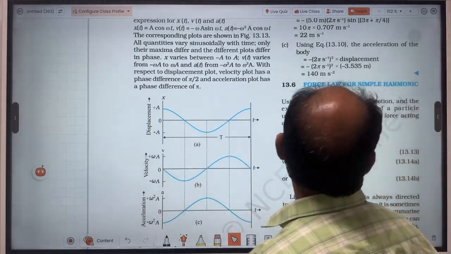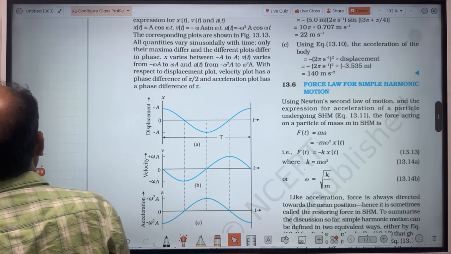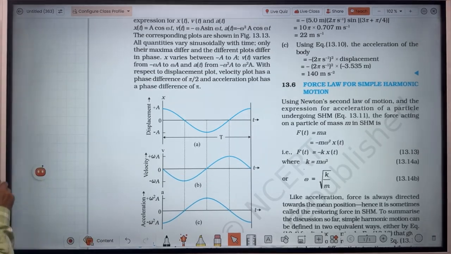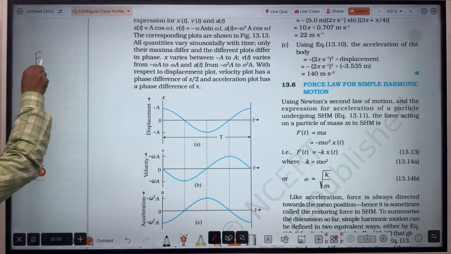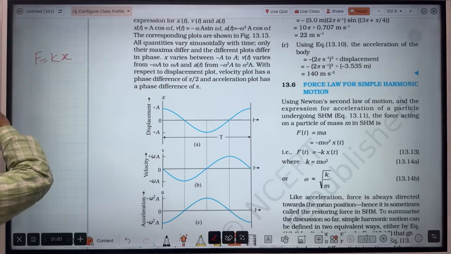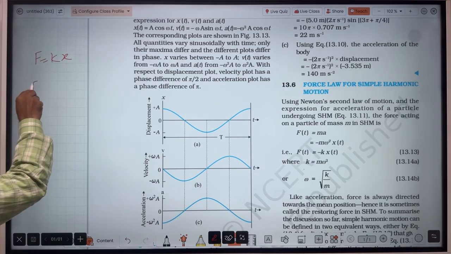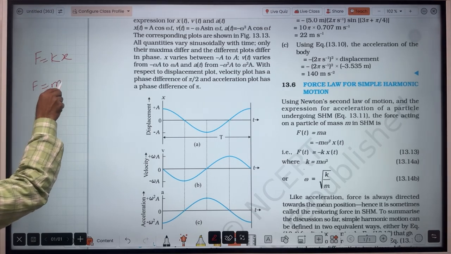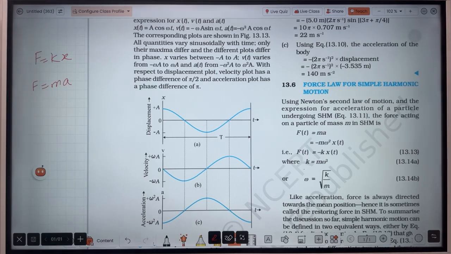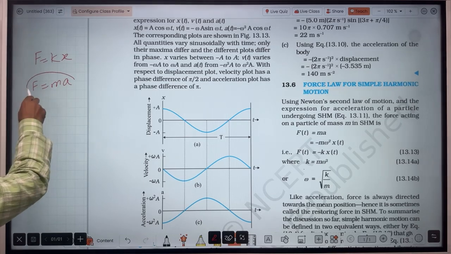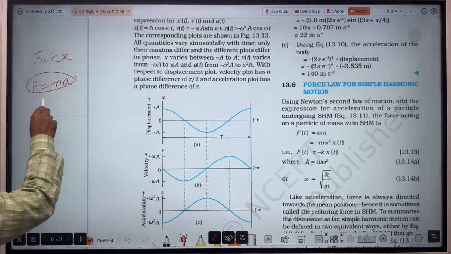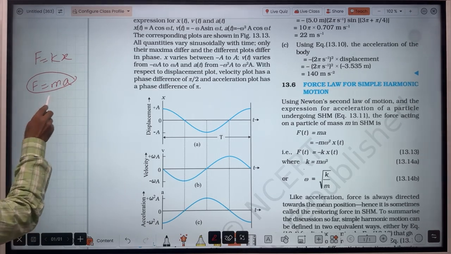Now we have to find the relation for the time period. The general equation is f equal to kx, you know, and also f equal to ma, right? And one more thing we have seen, if you remember, is that a is equal to how much?